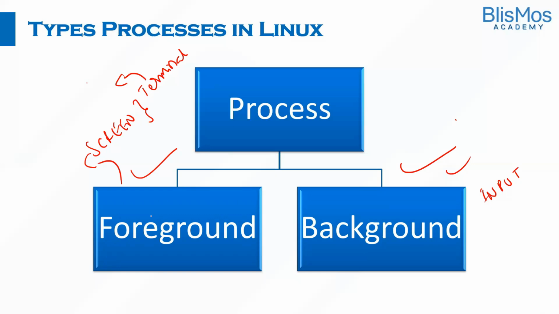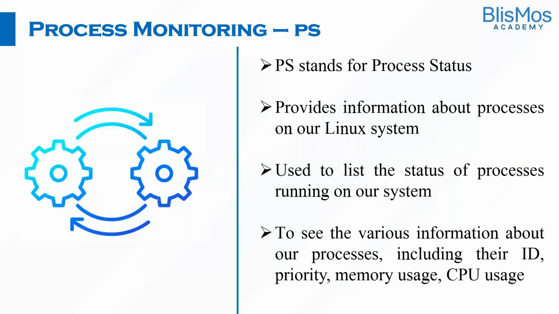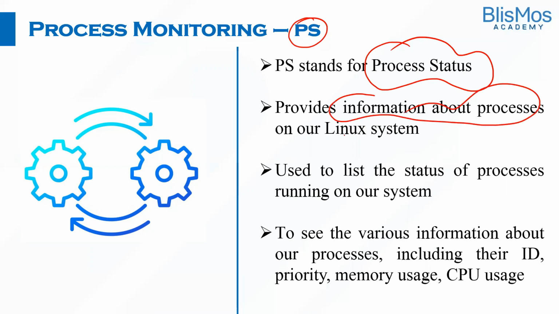Let us look at some of the very few important commands to monitor the processes. First and foremost thing is PS. What is PS? PS is process status. What does it do? When we run the PS command, it provides the information about the processes which are running in the Linux system.